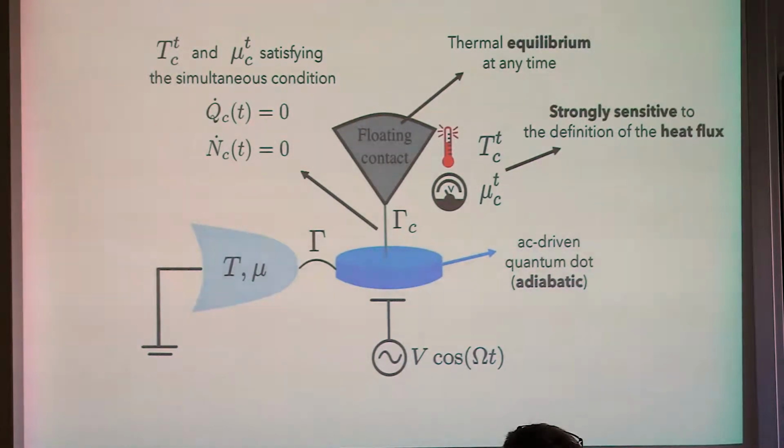And I will show you that both the temperature and the chemical potential are very sensitive. The prediction of the measurement will be very sensitive to the definition of the heat we have. So we can measure the temperature by the use of a thermometer and the voltage by using a voltage probe and see what happens.